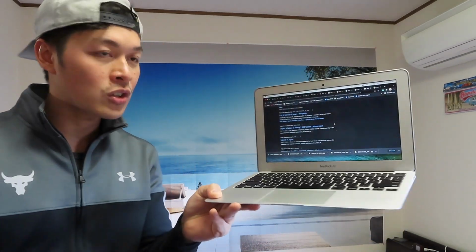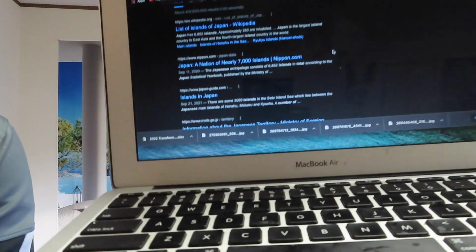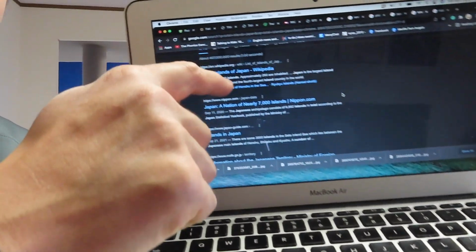But when you look in Google, it says here, in very small font, 6,852 islands. I was shocked about that too. 6,852 islands in Japan. How did that happen?